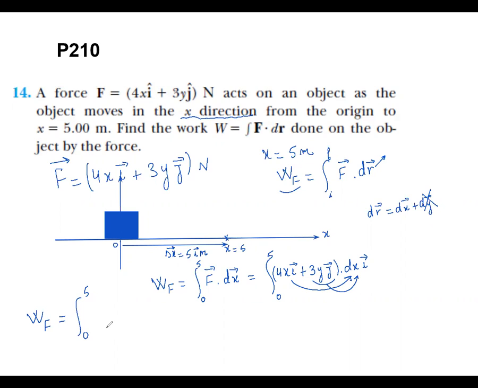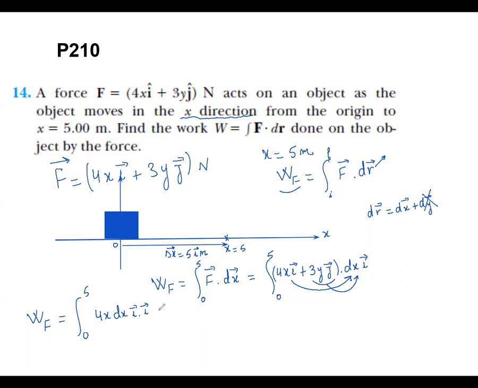We simplify the parentheses. We get 4x dx, and i dot i.